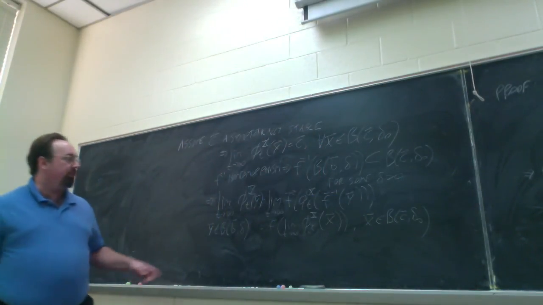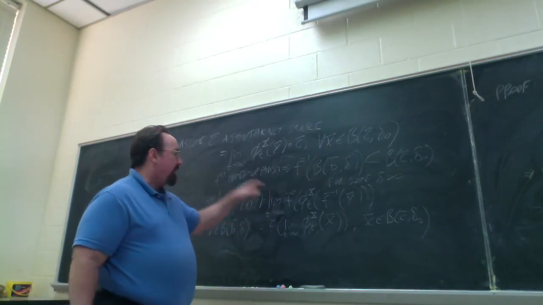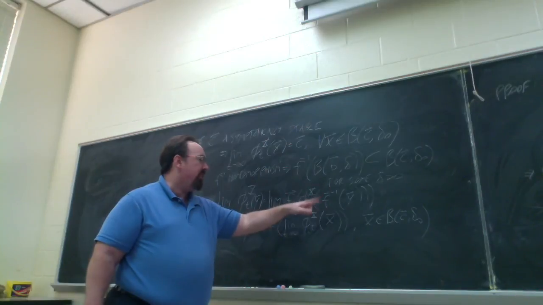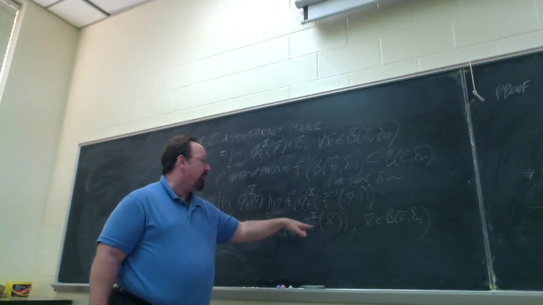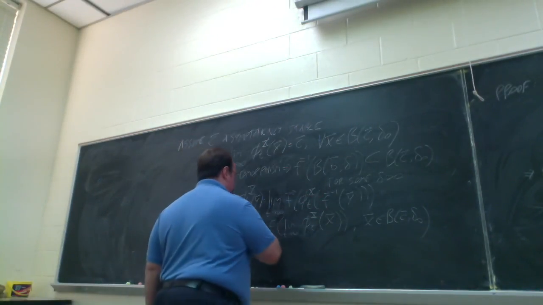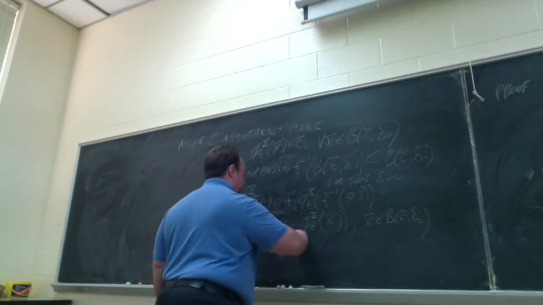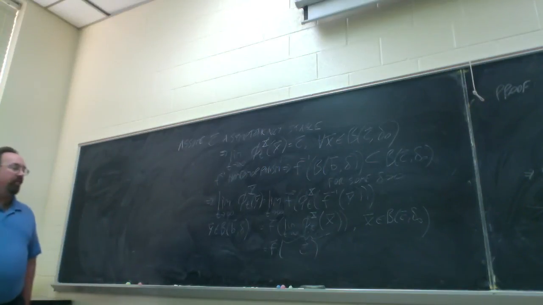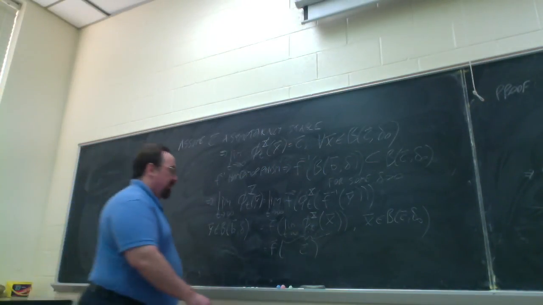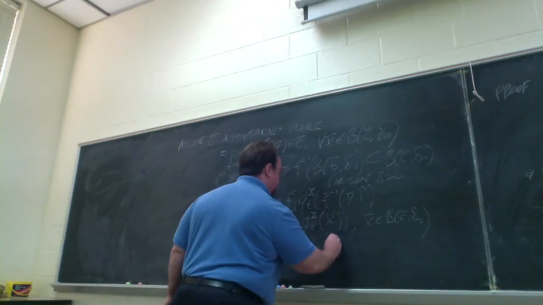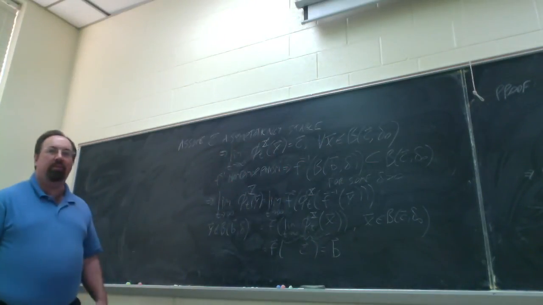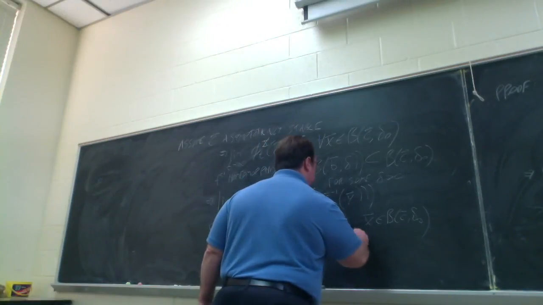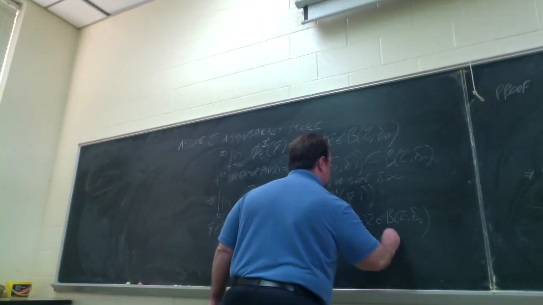And because of this, for any x in that ball, because C is an asymptotically stable fixed point, this whole thing is just C. But f of C is B. So I'm done. So that means that B is asymptotically stable.